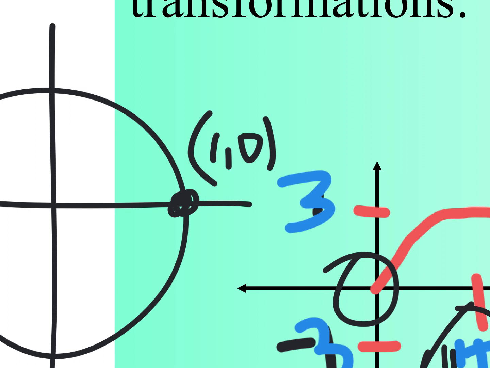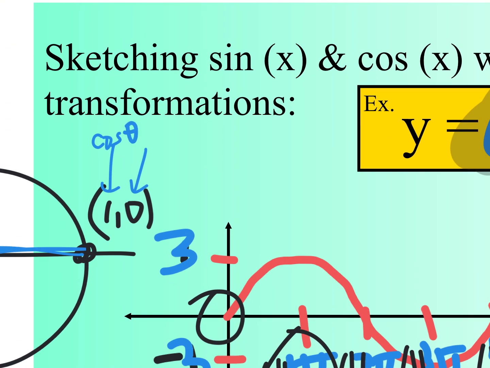At 0, what's the sine? 0. So at 0, you get 0. So 0, 0 is where you start the sine graph. And this one's at 1. So at 0 degrees, you start at 1. So this is cosine starting at 1. Cosine of theta, actually.